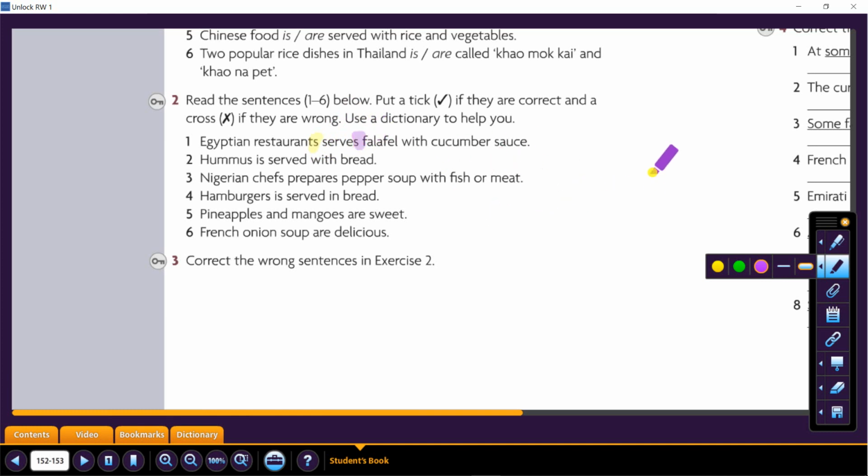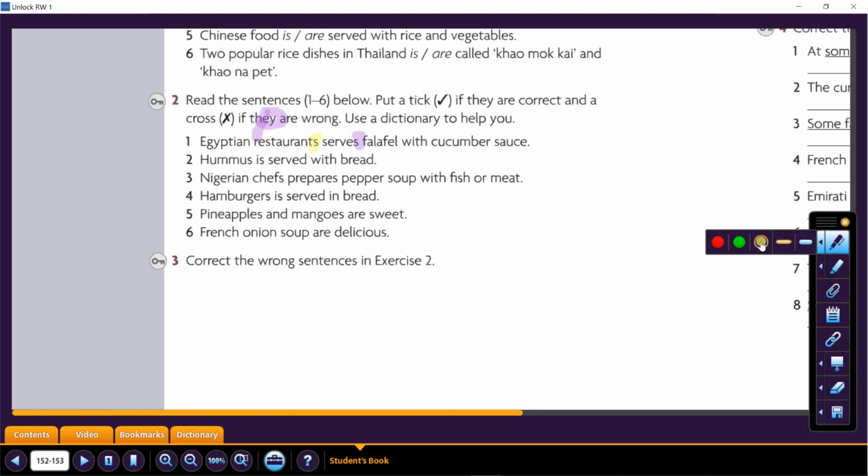Is it correct to have 2 S's in the same sentence? Here is the plural S. Egyptian restaurants, not only 1 restaurant, but too many restaurants. So this is plural.